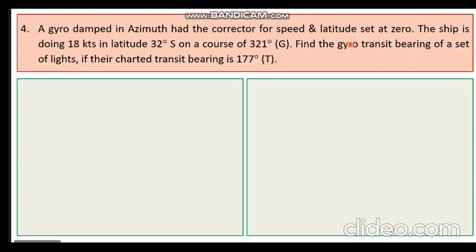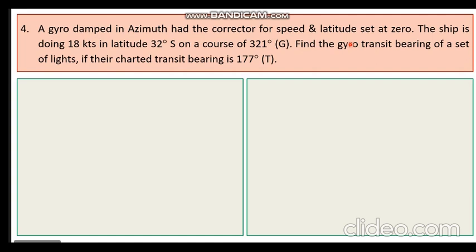If you adjust these knobs to the present latitude and present speed, the software calculates both these errors, that is the damping error and the steaming error, and applies them to the gyro readings, and the readings which you get are the corrected readings. Now if these knobs are not properly set, the gyro will not be able to apply these two errors in the readings, and whatever readings you obtain from the gyro will have these errors included in them.